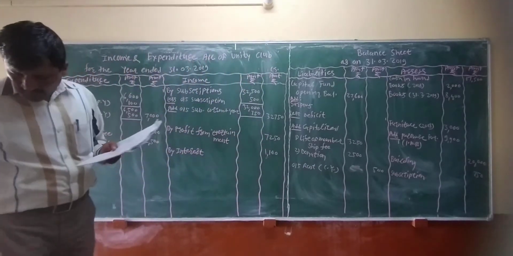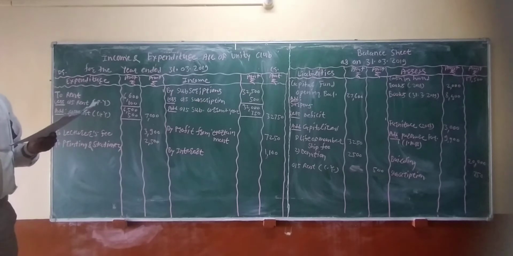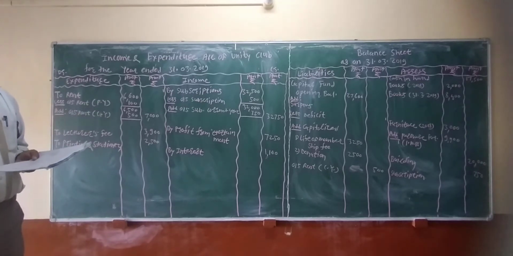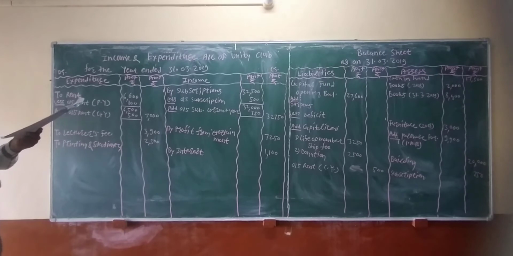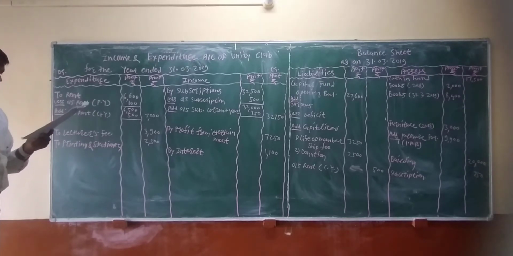Next, the third adjustment, C: donations to be capitalized. We have already written the 2,500, donation to be capitalized, only for capitalization. Next, depreciate furniture at 10% per annum.